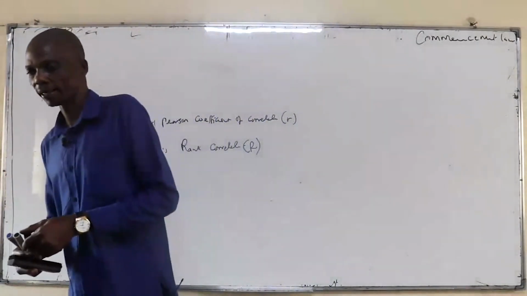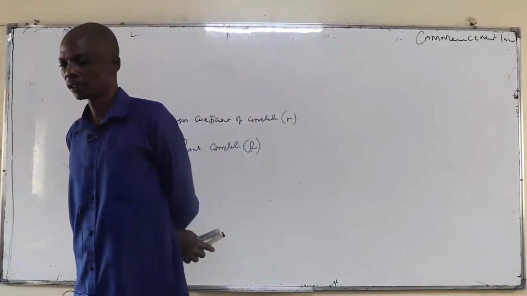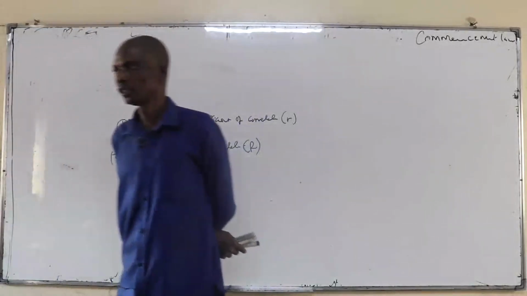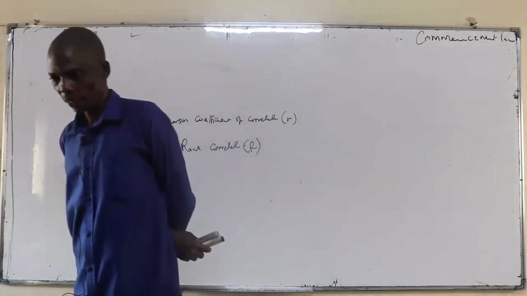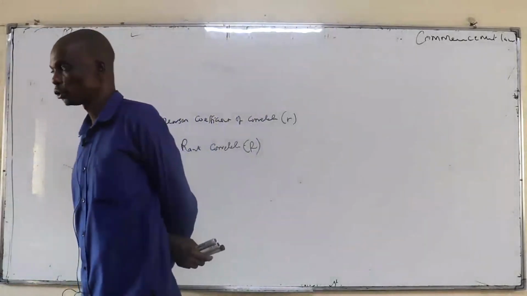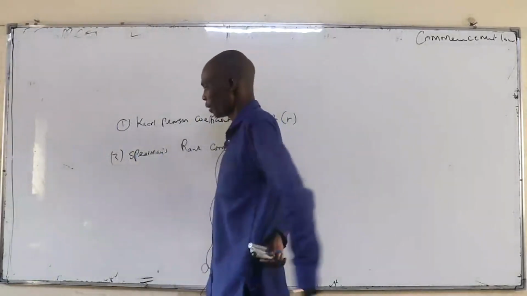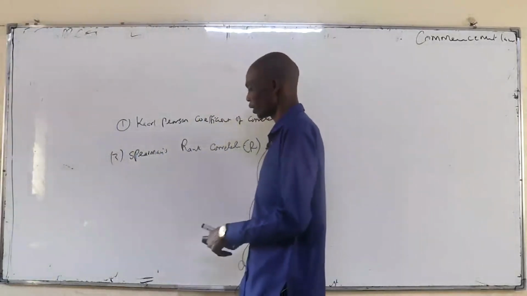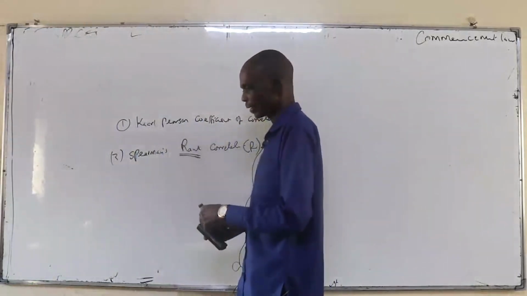For example, let's say two exams are done, QT and business law. We rank the students in QT, and also we rank them in law. We want to see the nature of the correlation between the two. Then there we shall be using Spearman's rank correlation. So this one is used where the items are in some rankings.